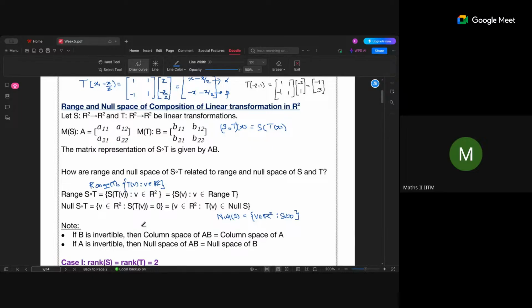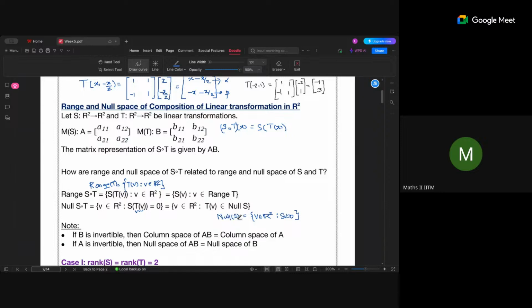So here you see that this TV, suppose S of TV equals 0, so TV belongs to null of S. That is correct.